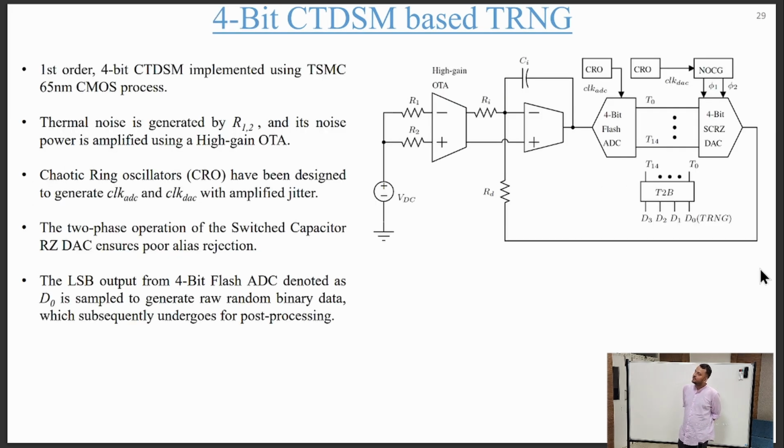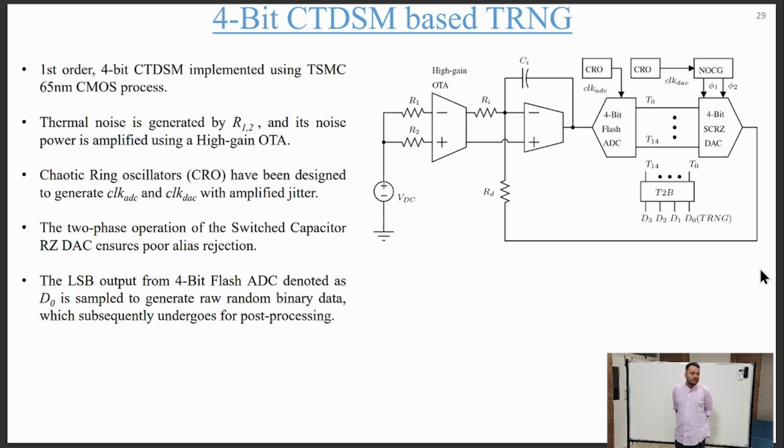So we designed this 4-bit CTDSM based TRNG. Through R1 and R2 we generated thermal noise, and its variance is boosted using a high gain OTA, and it is injected at both the nodes of the integrator. Also, this CRO is chaotic ring oscillators.